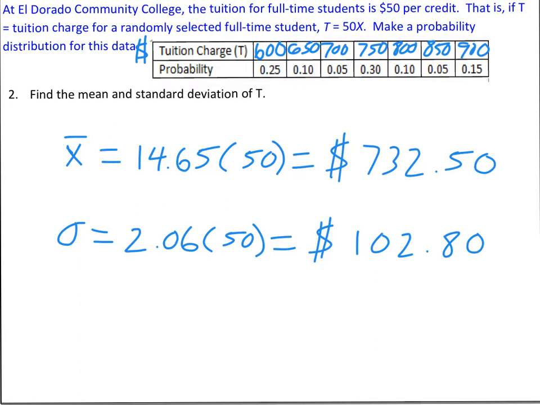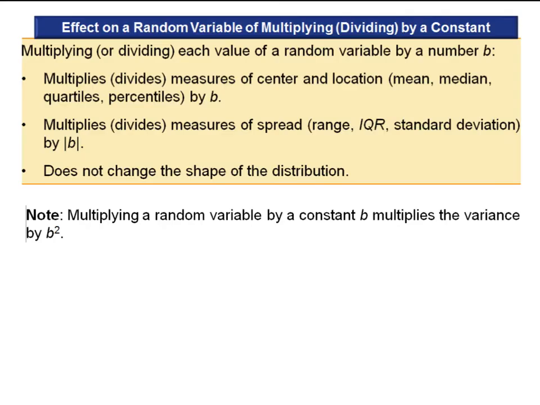Both are the credit amounts just multiplied by 50. So again, this is not brand new, right? But the big thing with multiplication, anytime you do it to a distribution, it will affect any measure of center. It will affect any measure of spread. Okay, that's huge with multiplication.